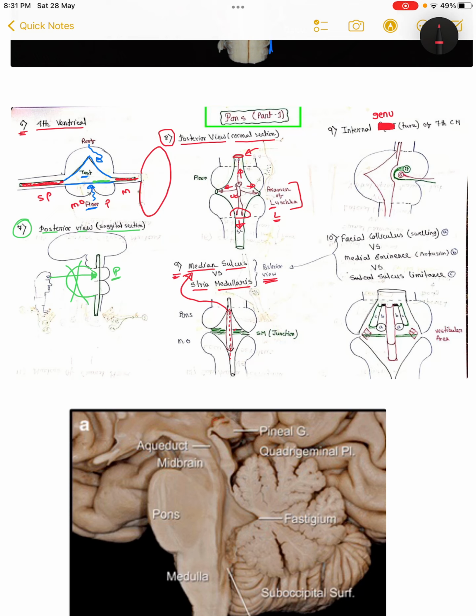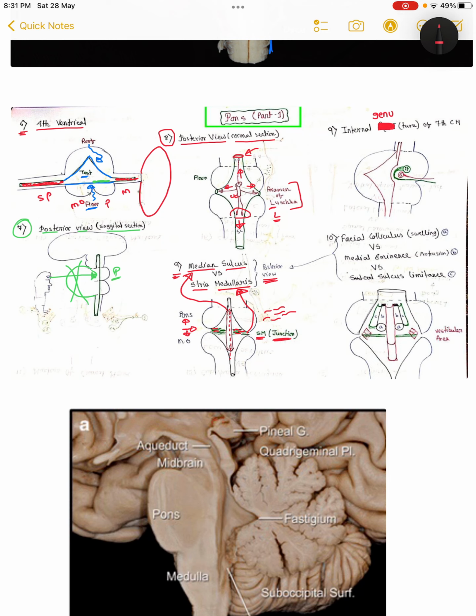And here you see this green structure located between the pons and medulla oblongata, and this structure grossly looks like a striation. That's why it is known as stria medullaris. Claro. And this stria medullaris is actually the junction between the pons and medulla oblongata.